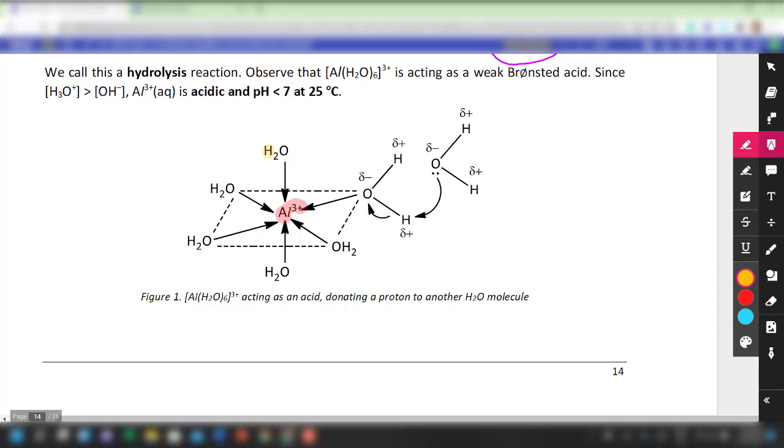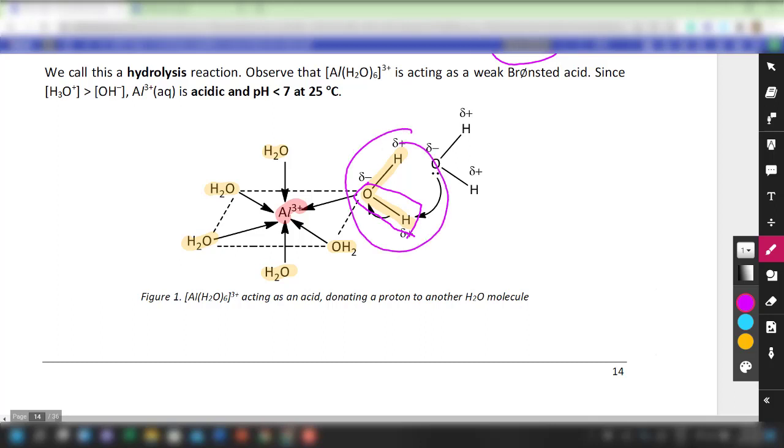It's not always 6 water molecules, but at least for H2, most of the cases you met will be 6 water molecules. Because of the high charge density of the Al3 plus center, it will polarize the OH bond of every single H2O molecule. Over here we just show you one H2O, but truth to be told, all the H2O OH bonds will be polarized. And because of that, the H tends to be lost quite easily to a H2O.